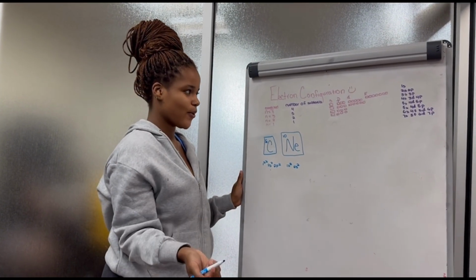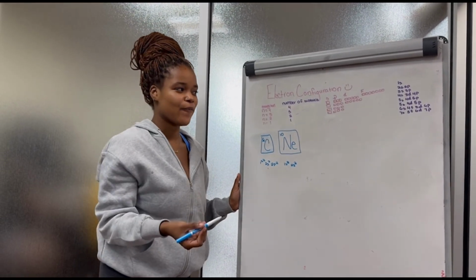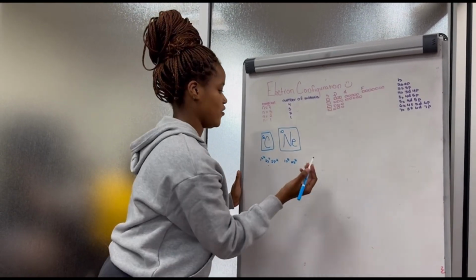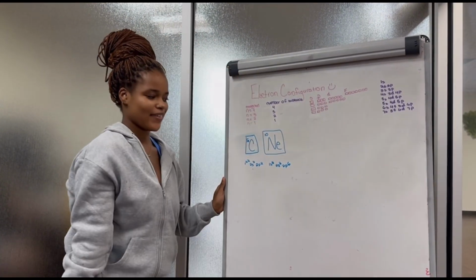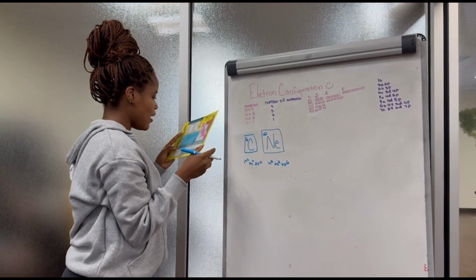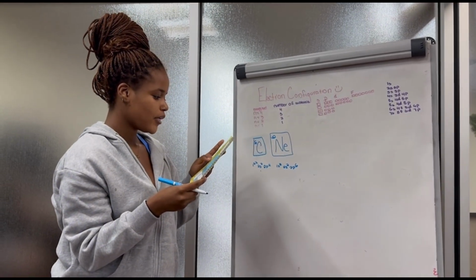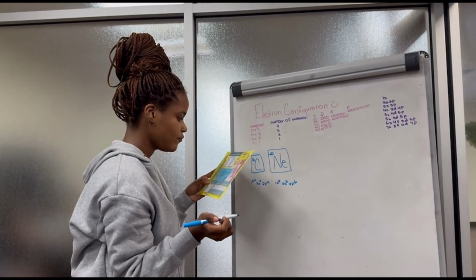We need 6 more. p has 6 electrons, so we can use all 6 if we wanted to. So we would do 2p6, and that gives you 10, which is right here. And a last example we can use is, I'm trying to find a bigger number.